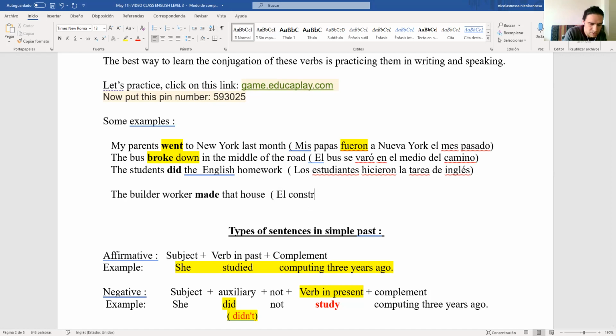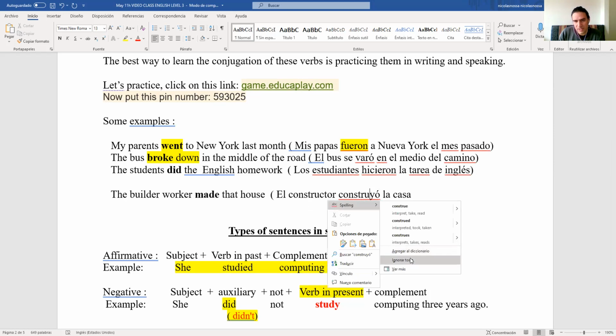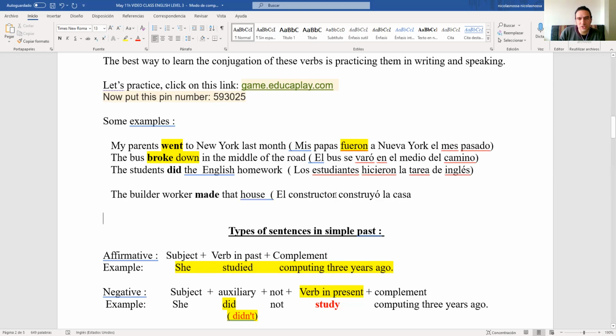El constructor construyó la casa. Sorry guys, the translation in English. Okay.